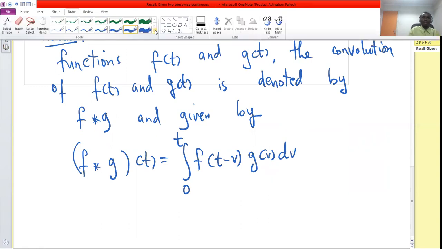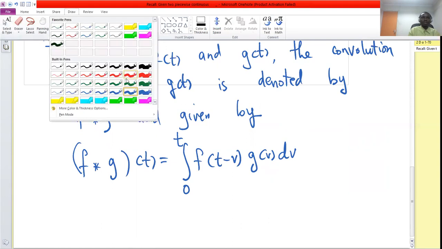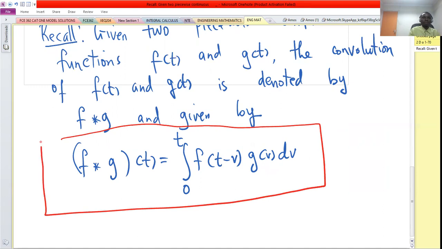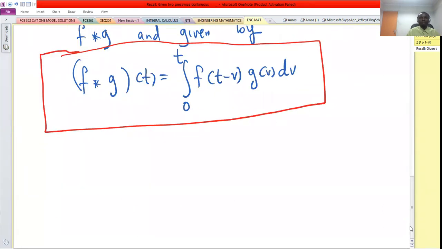So we are going to make use of this definition to show both directions, f star g and g star f, and check that the two are the same. So in our problem, we are given that f of t is given by 2t.